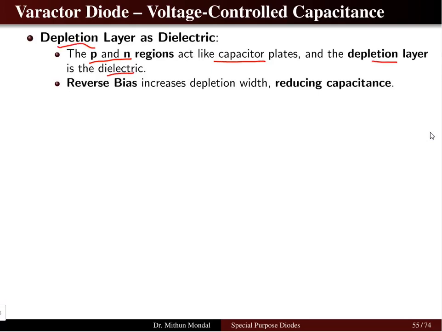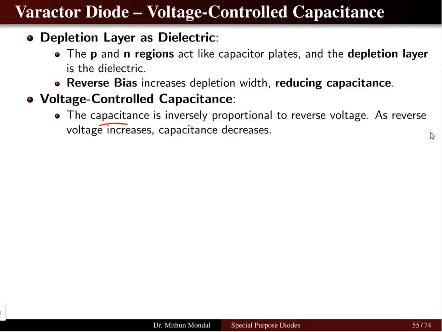Reverse bias increases the depletion width and reduces the capacitance. The capacitance is inversely related to the reverse voltage: as reverse voltage increases, capacitance decreases. So the capacitance is voltage controlled.